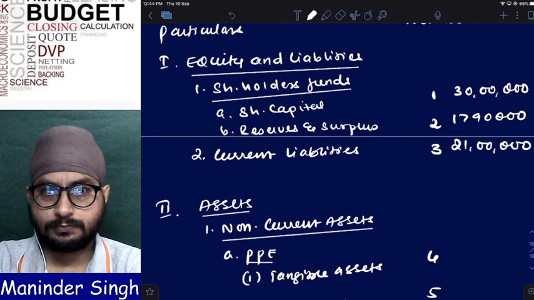Now tell me, how much should be the total of the liability side? 68 lakhs 90,000, right?